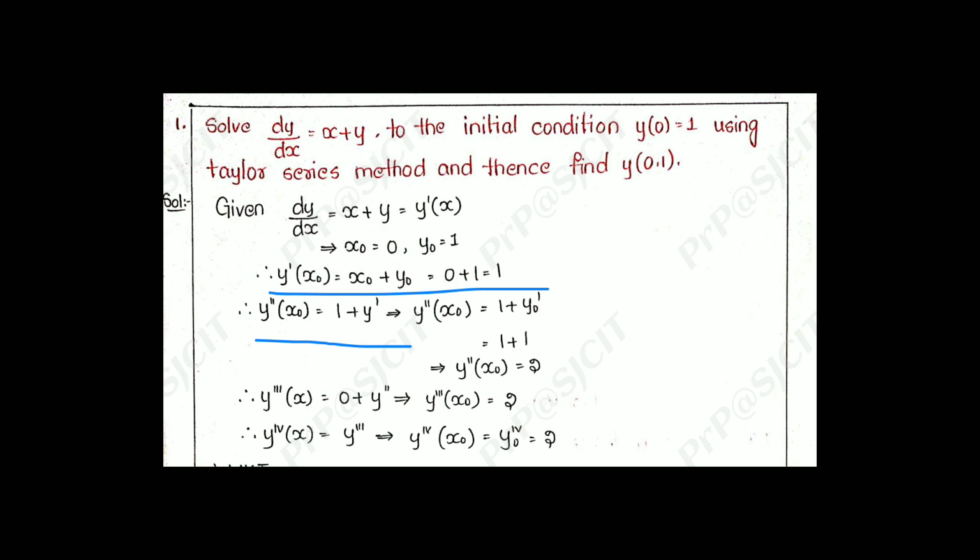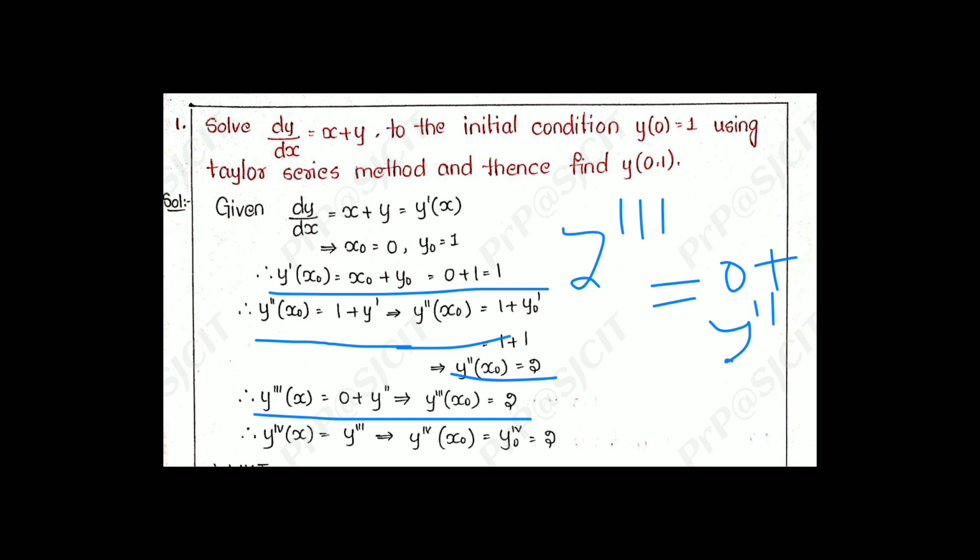Differentiate: x gives 1, y gives y dash, so 1 as it is, y dash answer will come here as 1, add 1 and 1, we get 2. And same like that we find y triple dash is equal to: 1 differentiation is 0, plus y dash differentiation is y double dash, which we already got as 2, so it is 2.